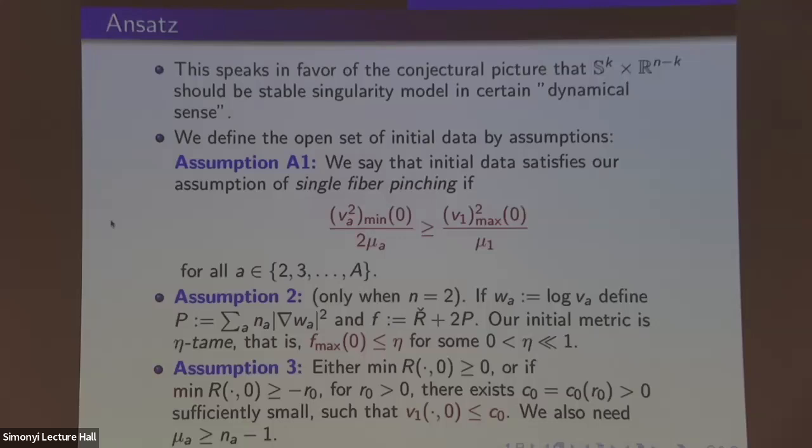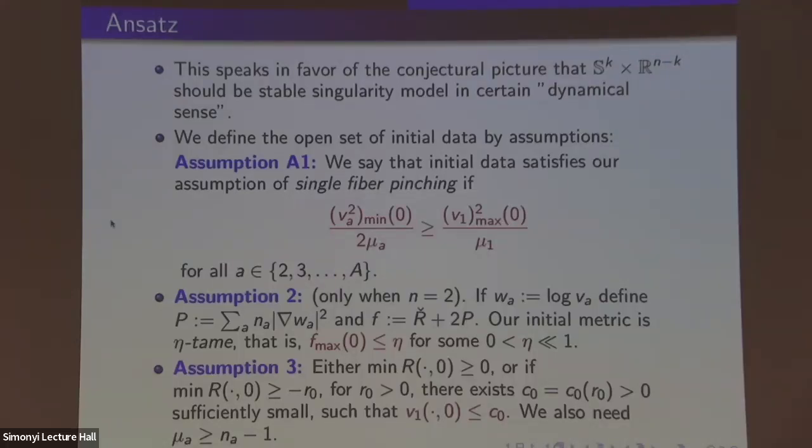We require that at the initial time this quantity F is sufficiently small, which means the scalar curvature of the base is not too big initially. Then assumption 3, we need to prove that indeed you get a type 1 singularity if you start with any metric satisfying assumptions A1 to A3.